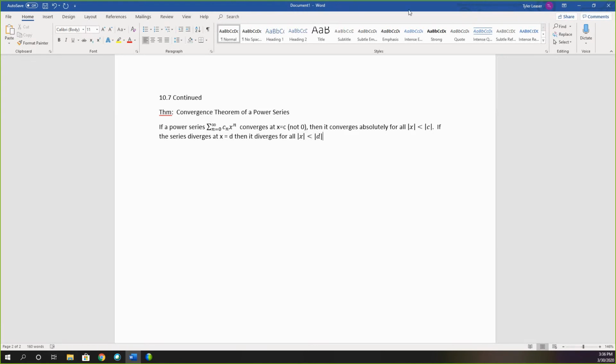So just to show you exactly what this means, look at a number line where you have 0. Remember that this is a power series centered at 0, so we're not centering this anywhere else, but it's going to hold when you do center it somewhere else. We'll see that in the next theorem.